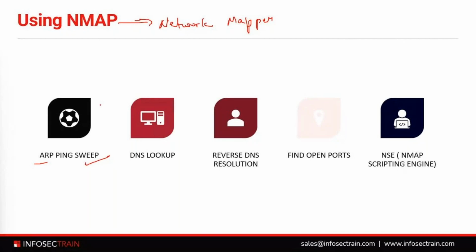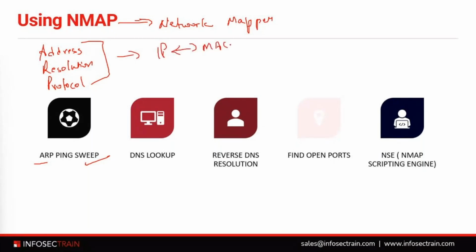So ARP stands for Address Resolution Protocol, right? Now, this Address Resolution Protocol resolves your IP address to MAC address, right? IP address is the logical address of your network, and MAC address is the physical address of your device.